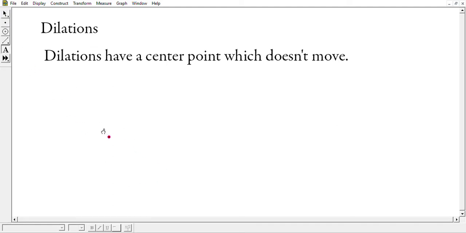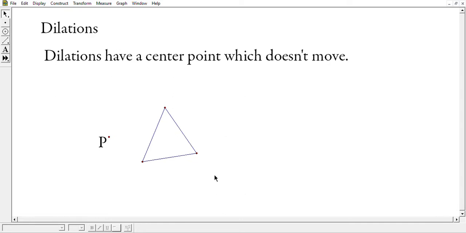We'll call that P. There's point P. But in addition, unlike a rotation, which you're going to rotate the figure and it's going to turn a certain amount, this figure that we draw, maybe we'll do a triangle here, is going to shrink in towards P, or it's going to get bigger and move away from P, and it's going to do so in a very specific fashion.